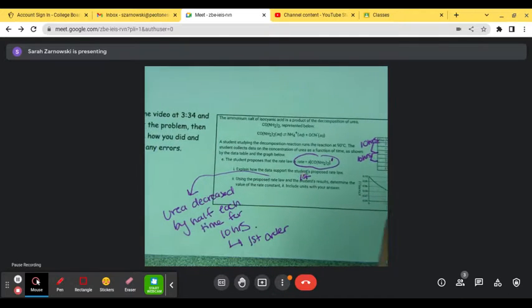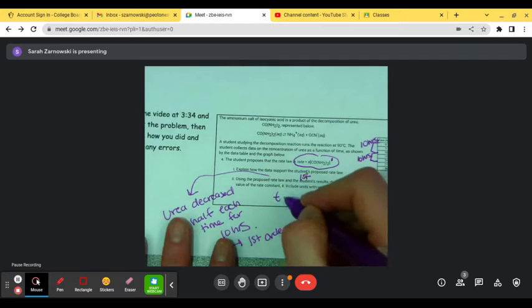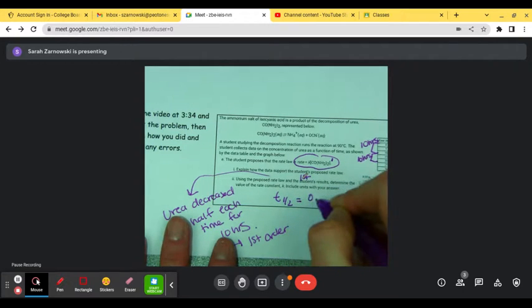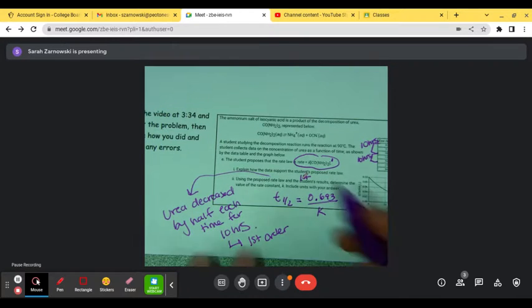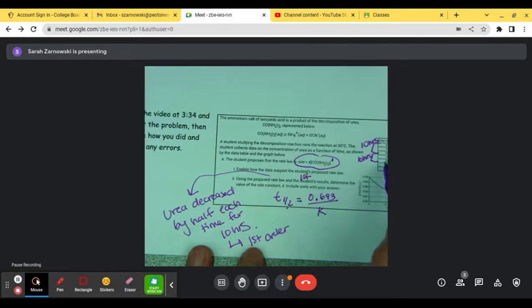Okay, next one, it says using the proposed rate law and the student's results, determine the value of the rate constant, include units. Okay, so we have to determine K. Well, it's kind of like a half-life problem, so we're going to use the data for that. So T 1/2 equals 0.693 divided by K. Remember, that was the one we originally started off with. We know that time, according to this data, is 10 hours.